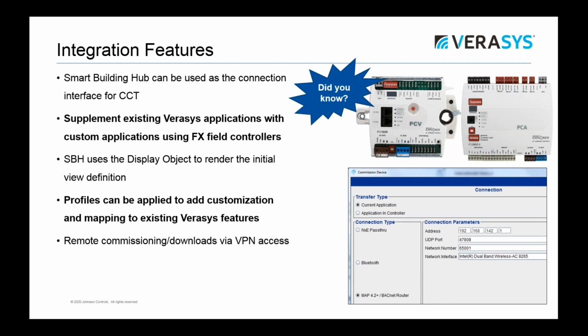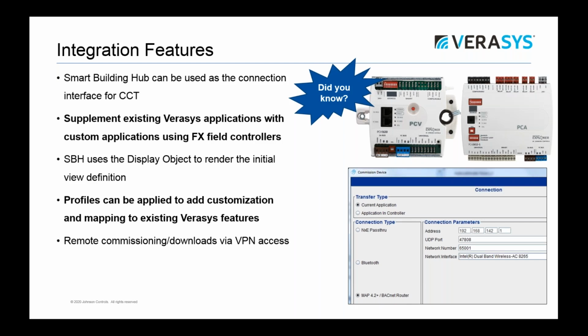We know we can pull it in because it's a BACnet MSTP device, but now you can actually also display the objects and the view definition. The profiles can be added to customization and mapping to the existing Verasys features.